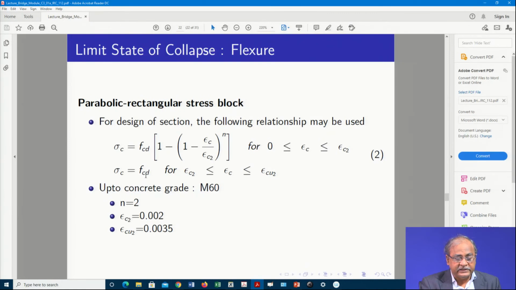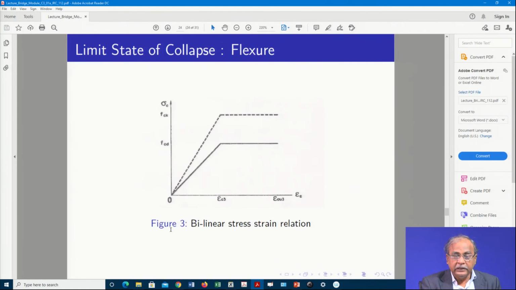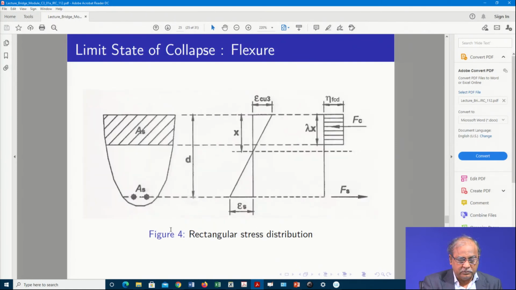For our case n equals 2, so it is quadratic, with 0.002 up to a certain level and 0.0035 up to a certain level. It can be bilinear also. Here you see, this is the compressive one if we have concrete with higher strength.